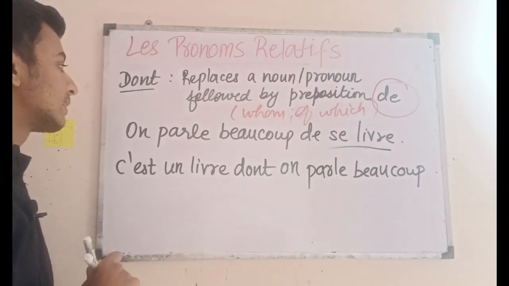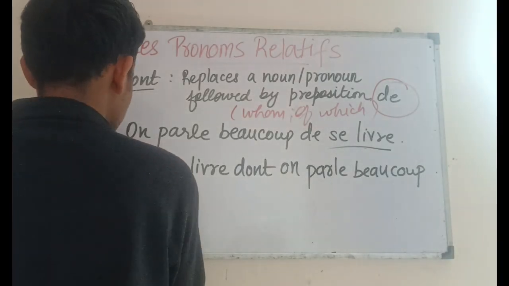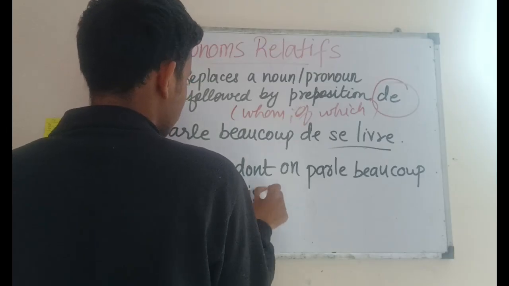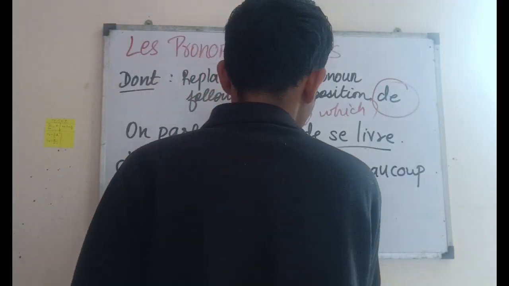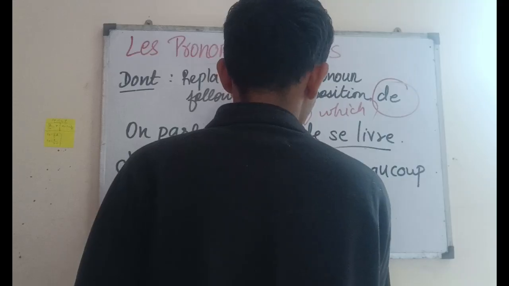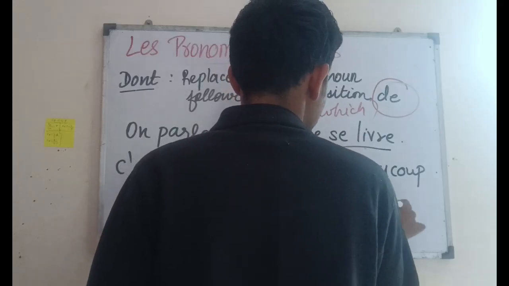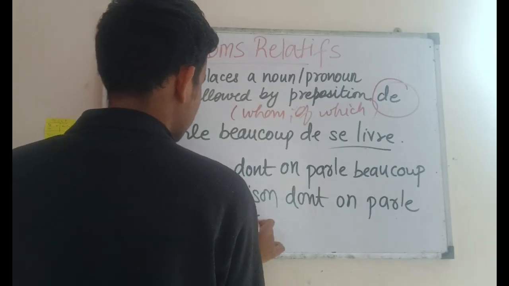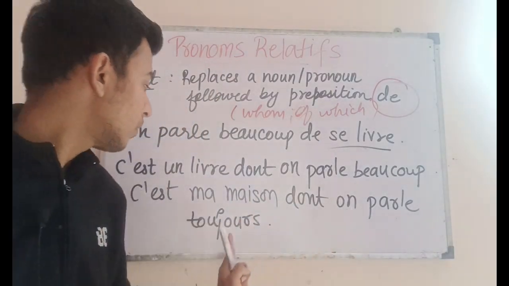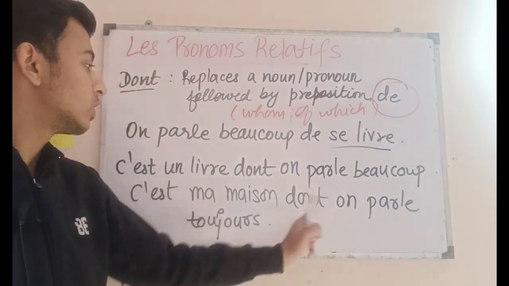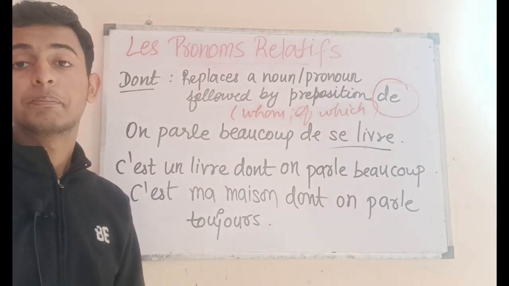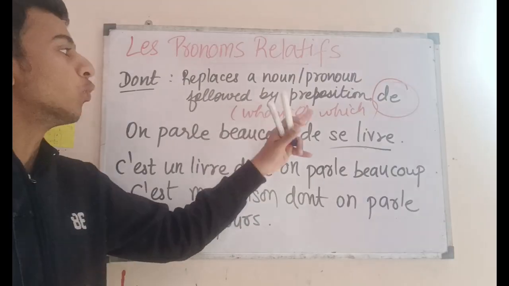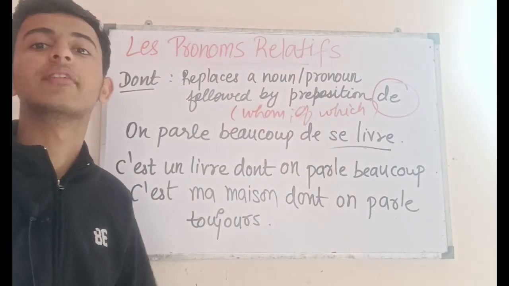If I take another example, c'est ma maison dont on parle toujours. This is my house of which everyone always speaks about. Is it clear? So dont is used for giving the feeling of whom, of which, about which, from which, and all of these nuances.